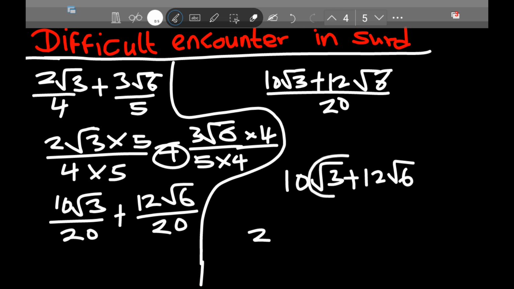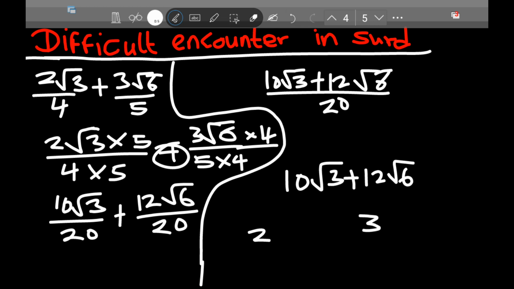But what about root 3 and root 6? Root 3, we know that 3 can divide itself and 3 can divide 6. But this 6 cannot divide 3. That's what you need to keep in mind.